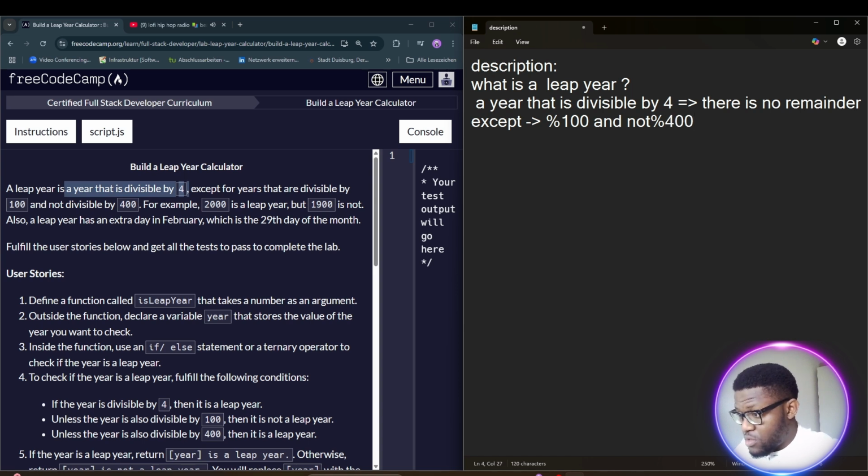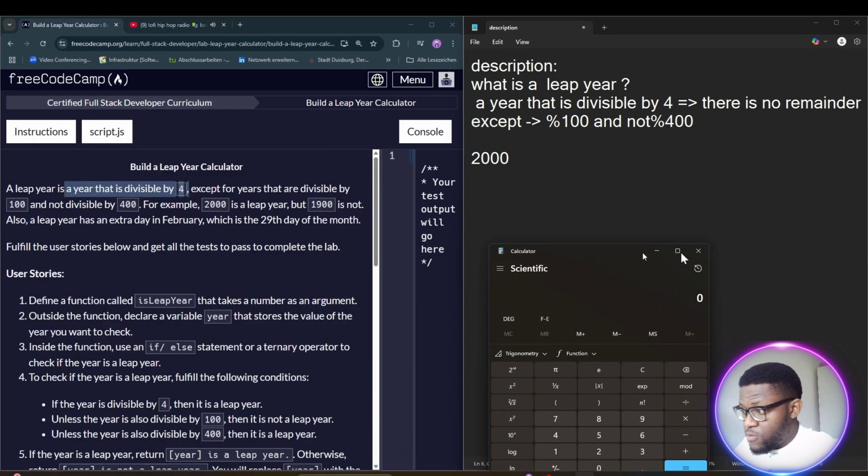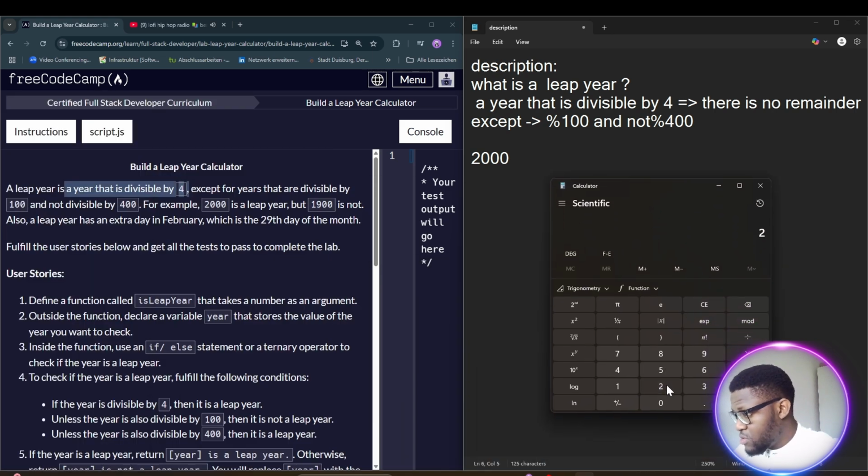So the example here was 2000. 2000 is a leap year. Let me just open my calculator. 2000 is divisible by 4, since both of them are even numbers.